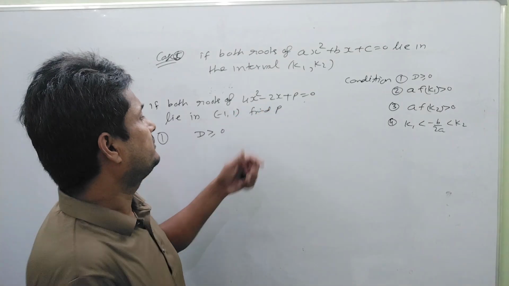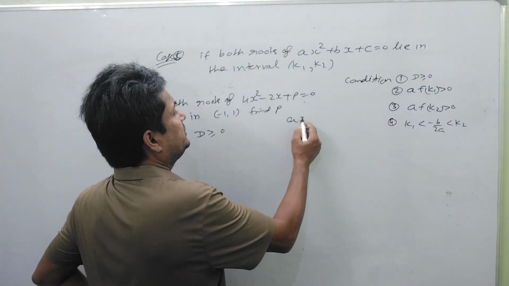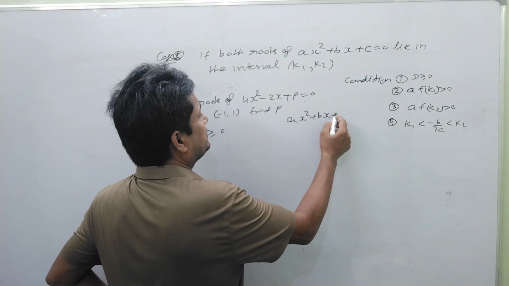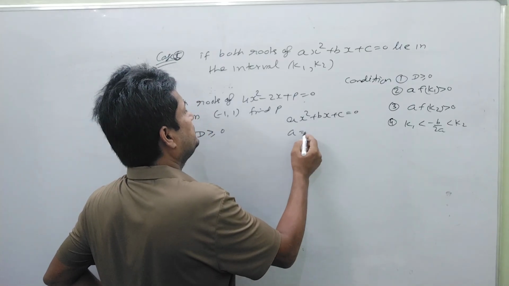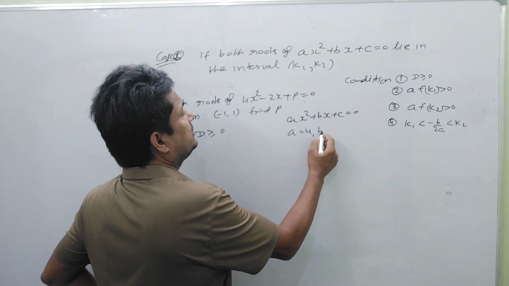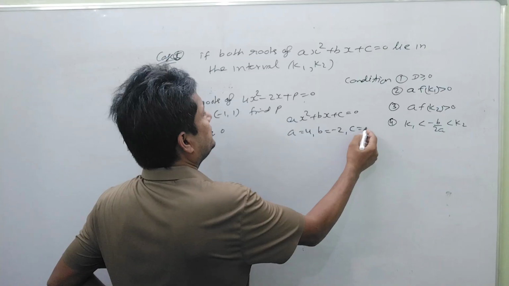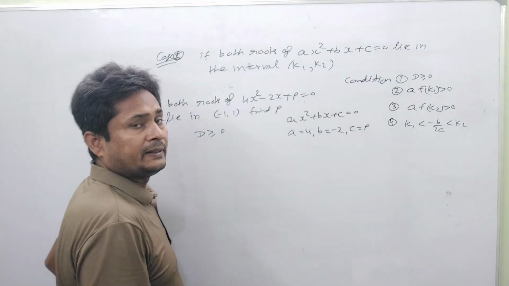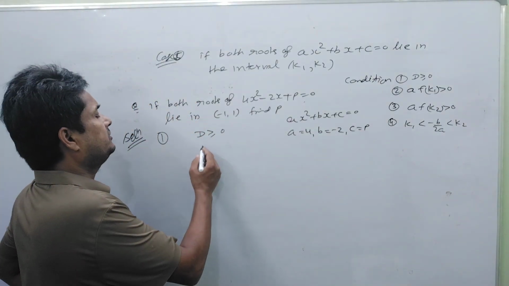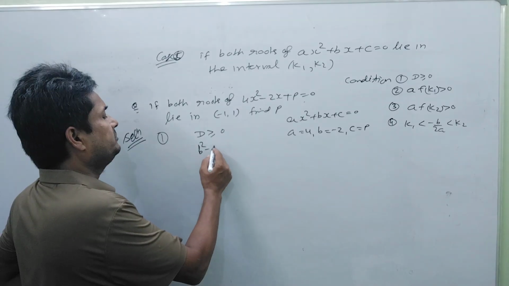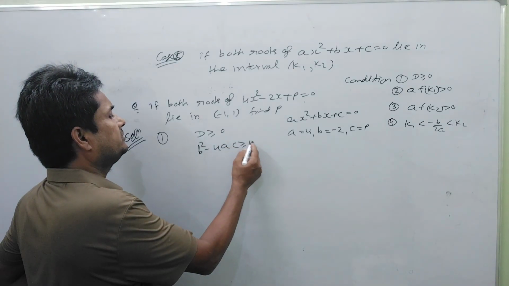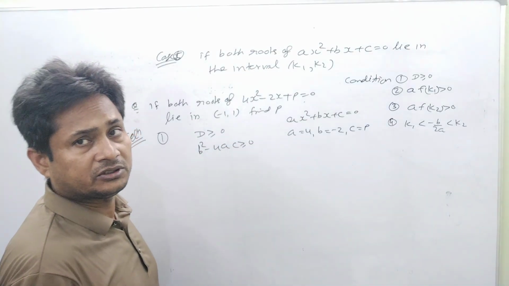If you compare this with any quadratic equation ax square plus bx plus c equal to 0, a is 4, b is minus 2, and c is p. So the first one is D greater than or equal to 0. That means b square minus 4ac greater than or equal to 0.